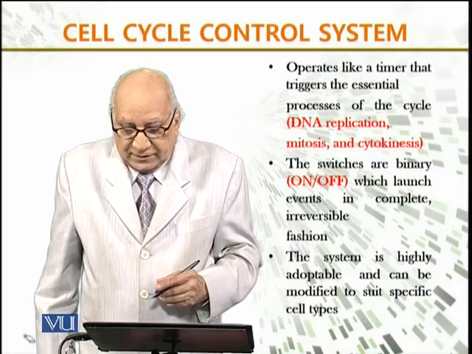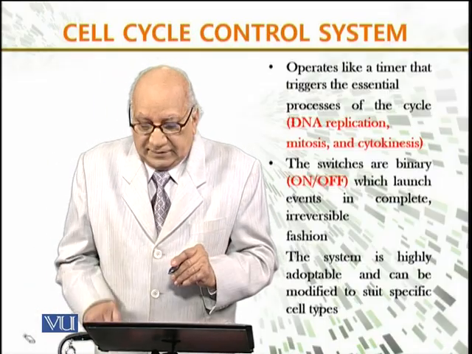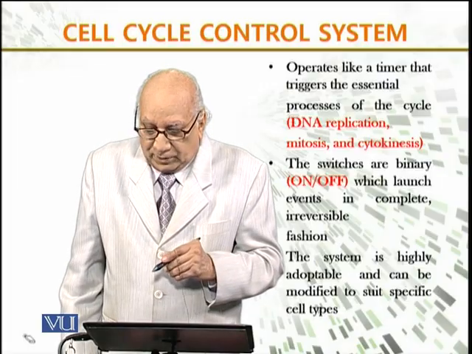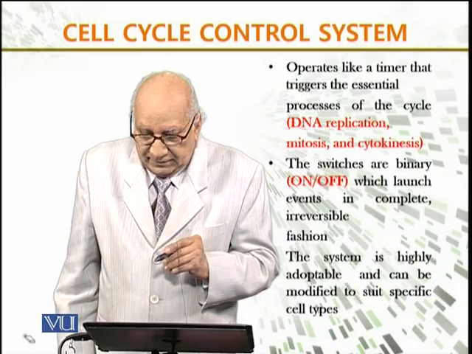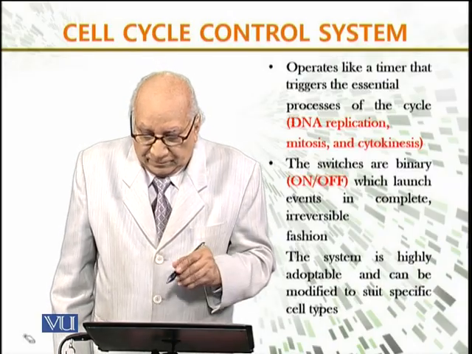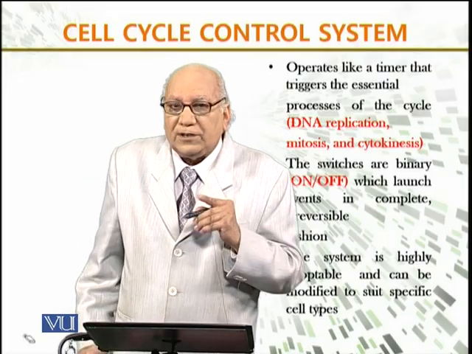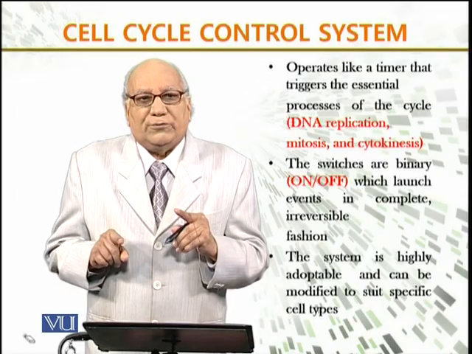Now, the cell cycle control system operates like a timer that triggers the essential processes of the cycle: DNA replication, mitosis, and cytokinesis. The switches which control this cycle are binary on-off switches.